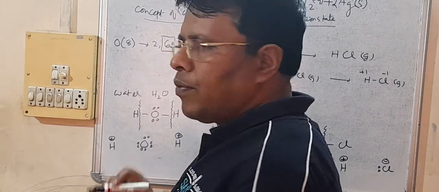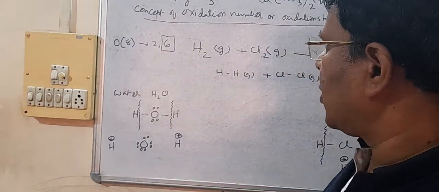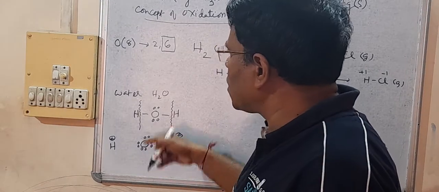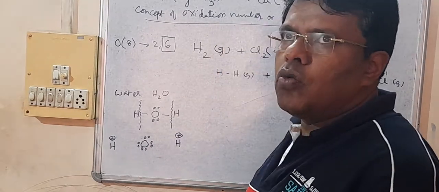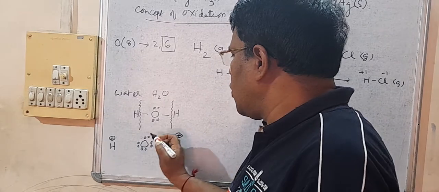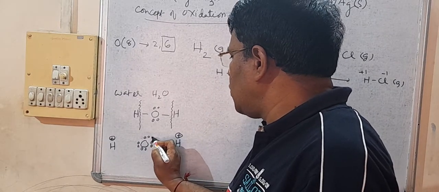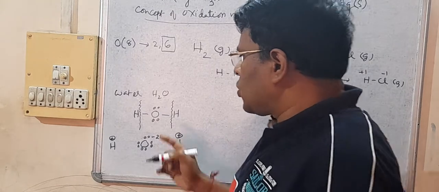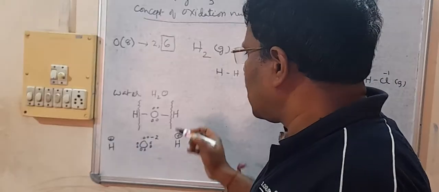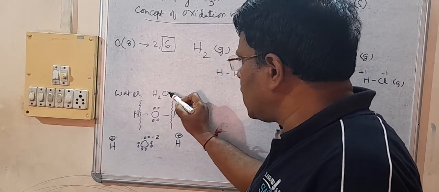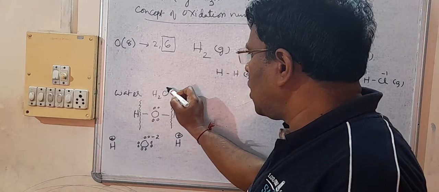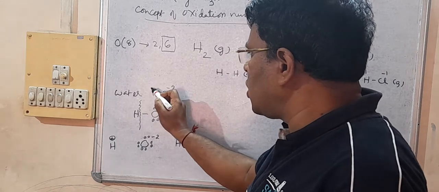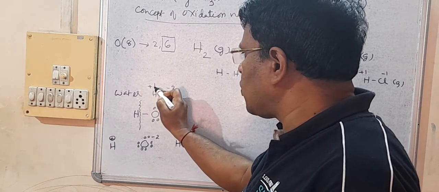Now oxygen has 8 here, 2 more than 6. So the charge will be -2, and we say that the oxidation number of oxygen in water is -2. Oxidation number of hydrogen in water is +1.